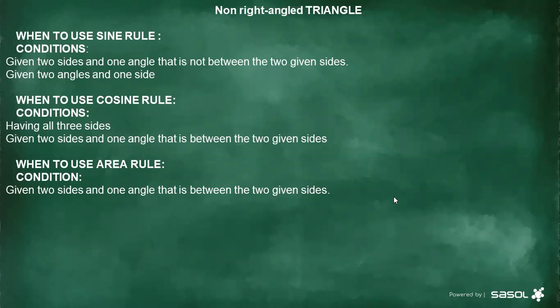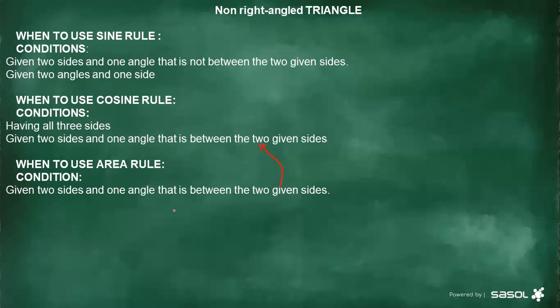The area rule. Under the area rule, we have the condition. The first condition says given two sides and one angle that is between the two given sides. You can see this one is the same as this one of the cosine rule. So in order for us to calculate the area of a triangle, we need to meet this condition that says we must have two sides and one angle that is between those two given sides.